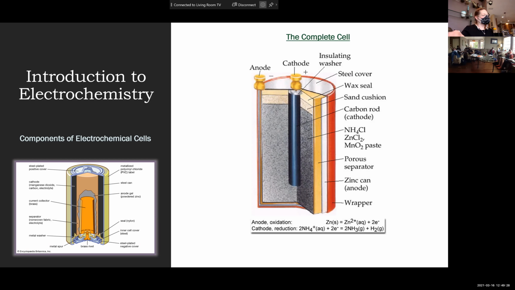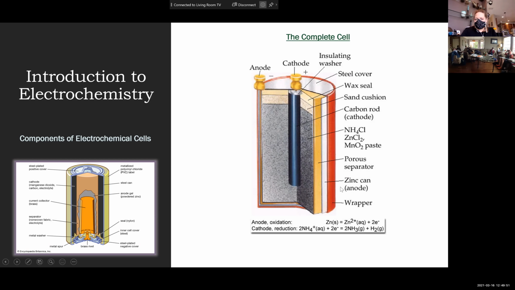In this one you've got what they're calling an insulating washer, the solid piece on top, and then a wax seal and all this stuff. You have a sand cushion, a carbon rod. I have not dissected a battery because I'm afraid I would hurt myself, but that's pretty cool.